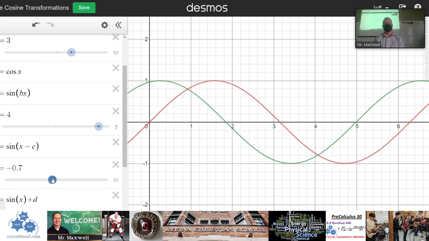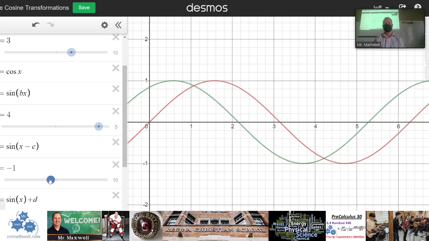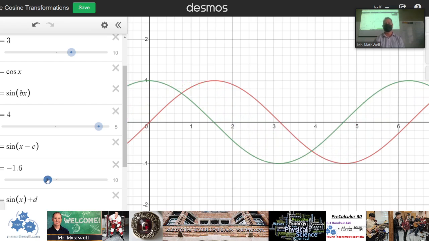Now if I go minus, so here's 0, if I go minus, that means it's like x plus this number, you see? X minus a negative. So when it shows up as x plus something, that means it's moved left. And yes, the sine graph is about x plus 1.6. That now equals the cosine graph. So here's the cosine graph. See that? It's almost exactly the same.